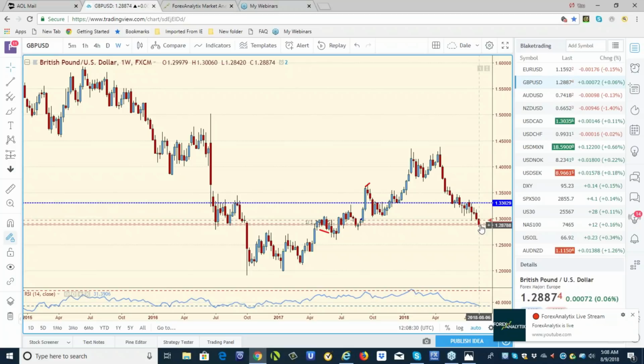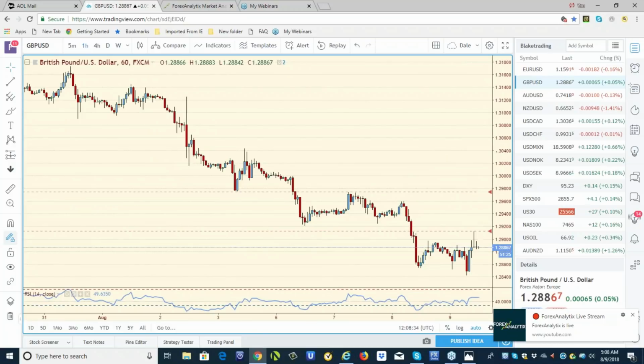But on the shorter-term technicals, what I would wait for, and you started to get that yesterday, you see on this break we had early in the week, this is your 1-hour chart, both price and momentum were confirmed. Then we had another new low, maybe by a pip, 28.51. Yeah, 28.53.